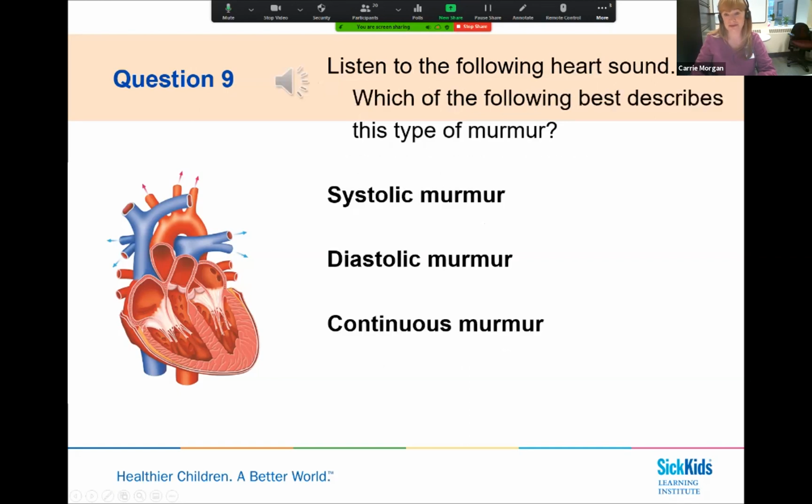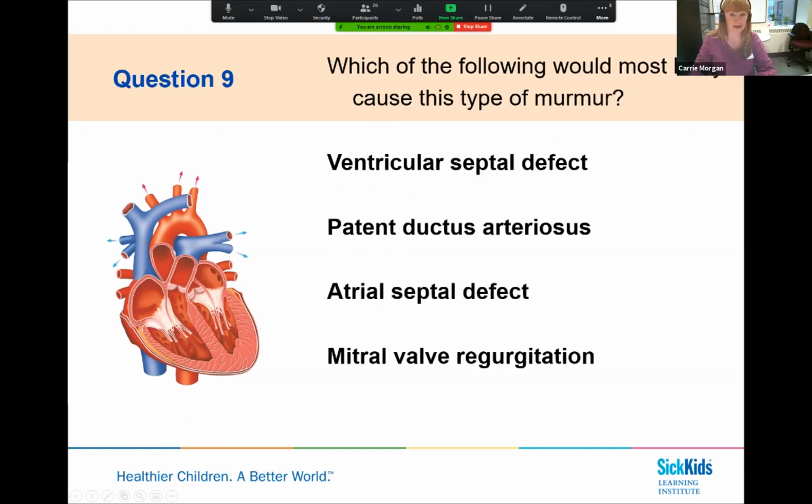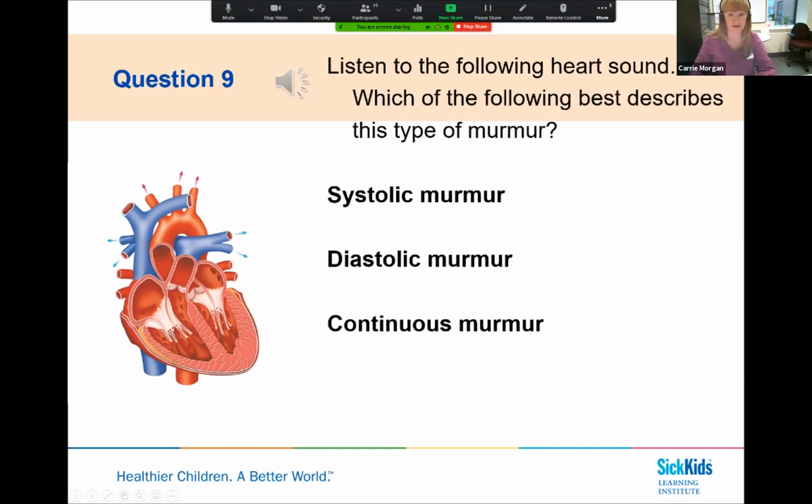Okay, so this was our last heart sound. Let's hear what you guys thought here. So question 9. Nope, sorry. Oh, I got my numbers mixed up. I've got 9 written twice. Sorry about this. It's actually question 10.